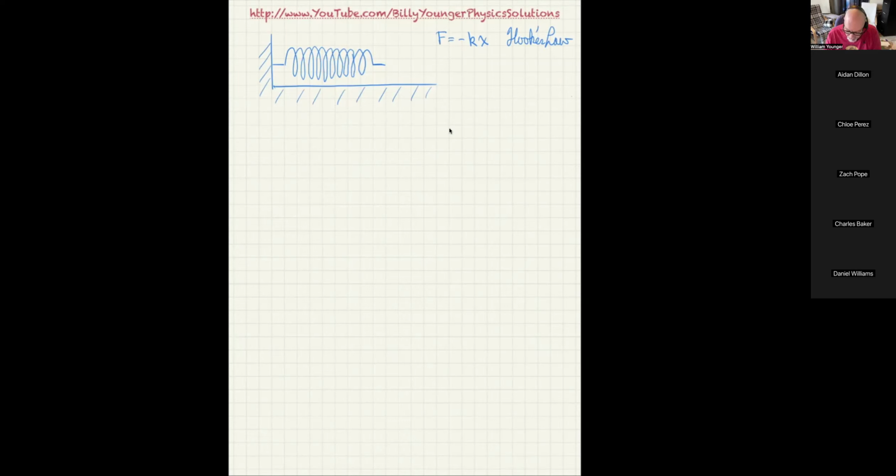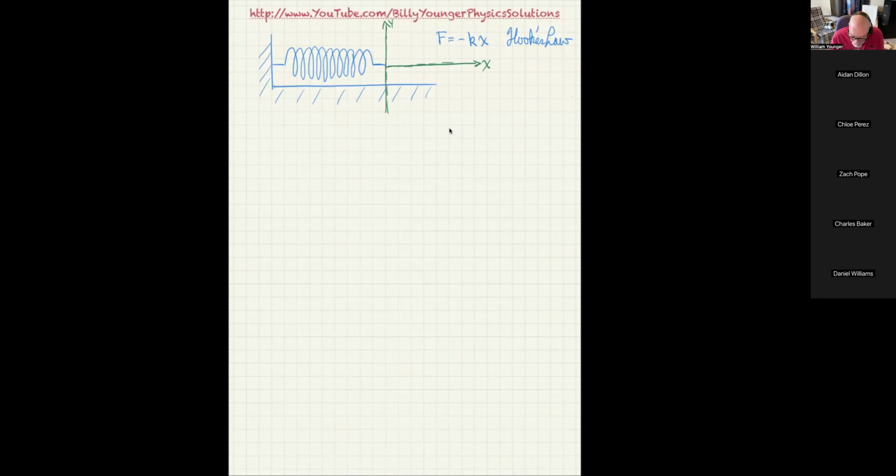What this is saying is that you can treat the x as if the origin of the x-axis is right at the equilibrium position of the spring, and then the x-axis points in one direction for the positive x-axis, which I'll say to the right, and then this would be the y-axis up here, and this would be the origin.